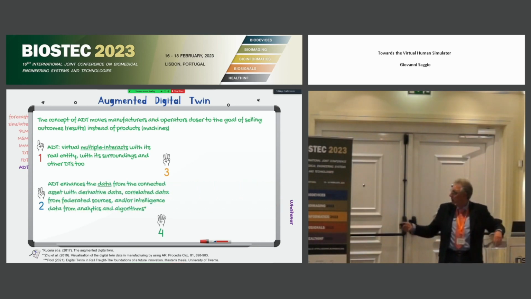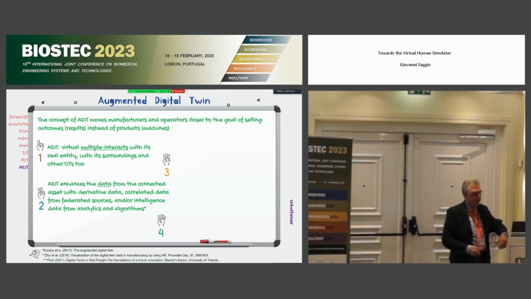Moreover, the augmented version of digital twin enhances the data from the connected asset with the derivative data, with correlated data, with the featured source, and/or intelligence data from analysis and algorithms. So much more complicated now.